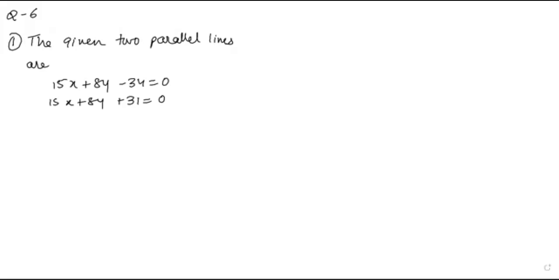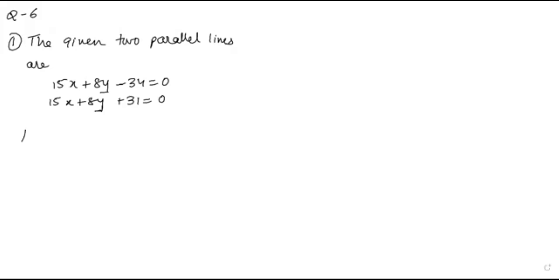You can see that the coefficient of x and y is the same. If it is not, then you have to make it same by multiplying some numbers, because the coefficient will be in ratio if the given two lines are parallel.